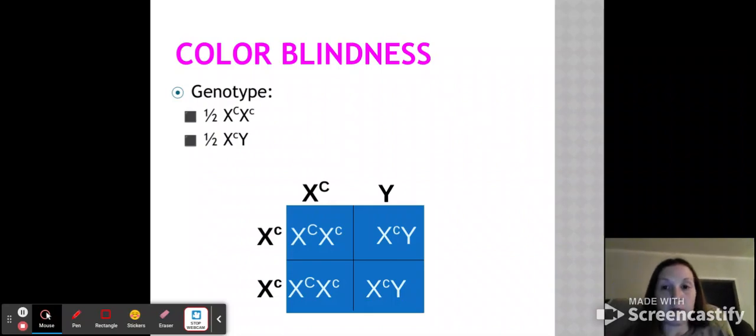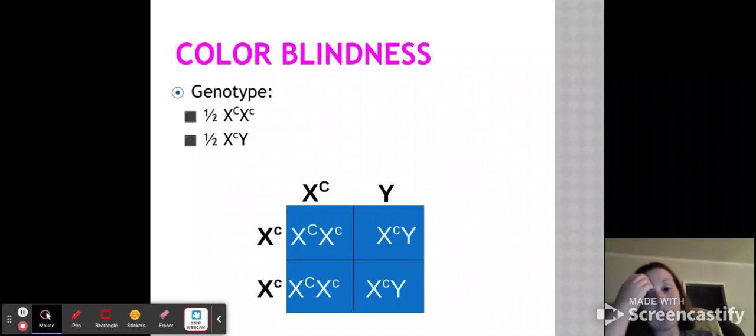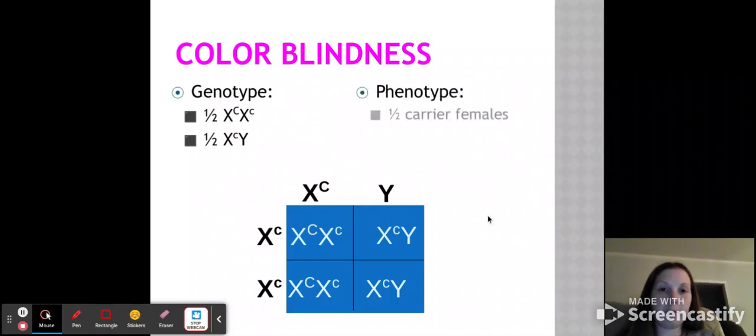Okay. So you can see that here, which means all the males that would come out of this relationship would be colorblind. But the females would have the gene, the trait, just not express it. Okay, so you would have 2 carrier females and 2 colorblind males out of this Punnett square.